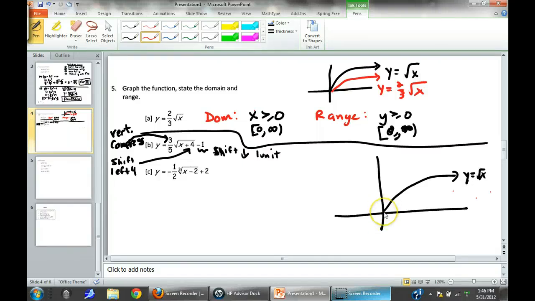The only identifiable point is this origin. It goes down 1 and over 4. So it moves from the origin to the point -4, -1.